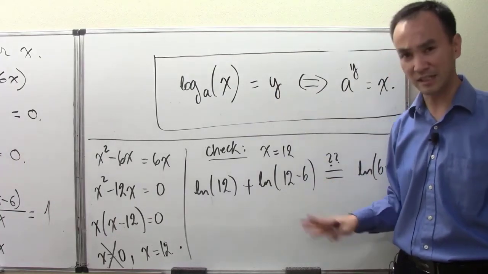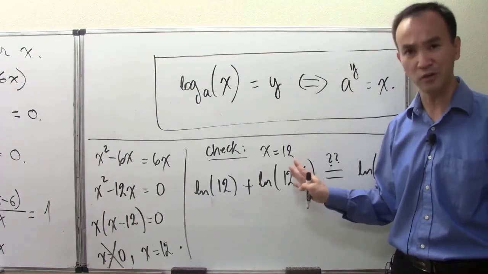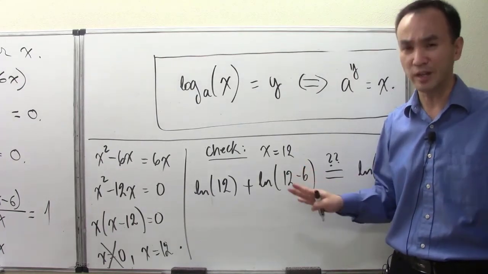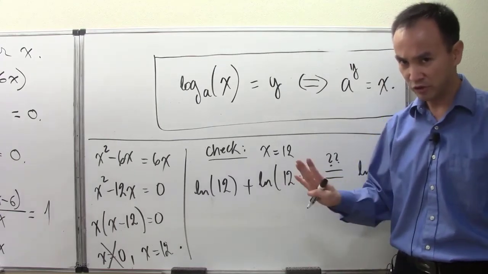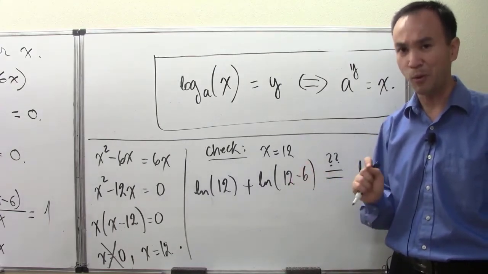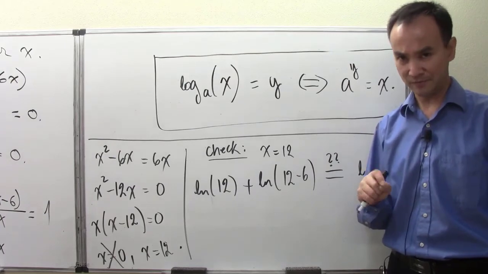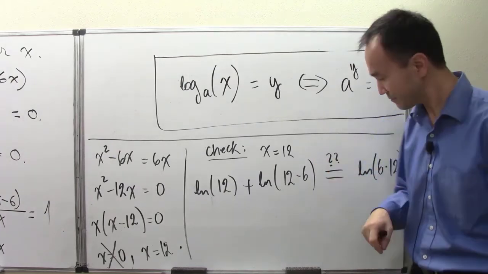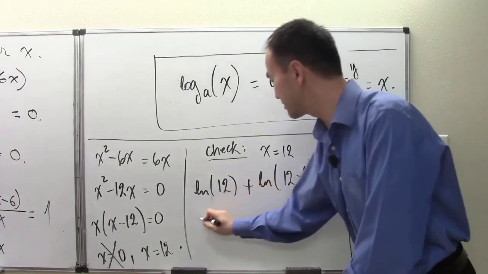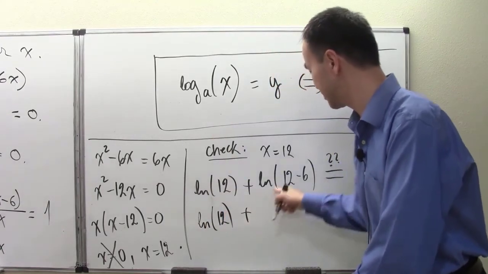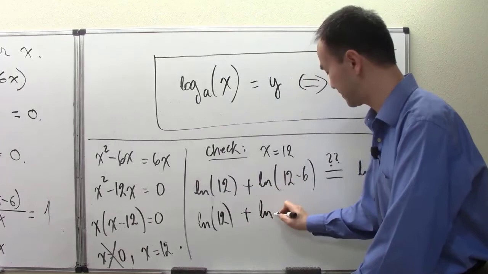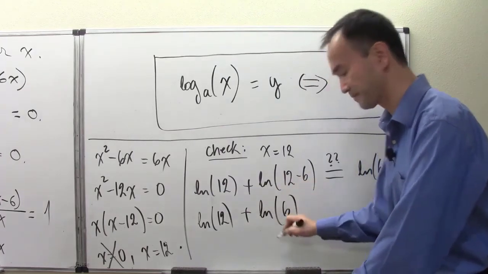But let me show you how you can do this even if you don't have a calculator. I don't have a calculator with me up here right now, and I don't mean to show off or anything like that, but I just want to point out the usefulness of knowing some math. This is natural log of 12. Let's leave it there. I don't need to evaluate that. This is natural log of 12 minus 6, which is 6.